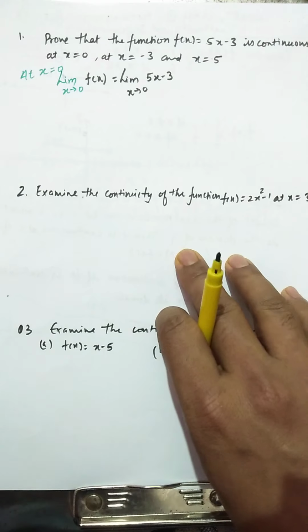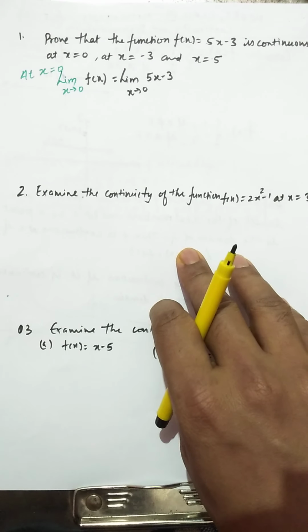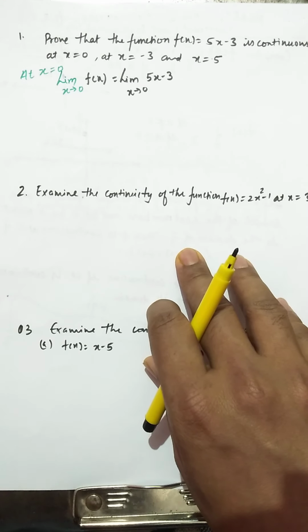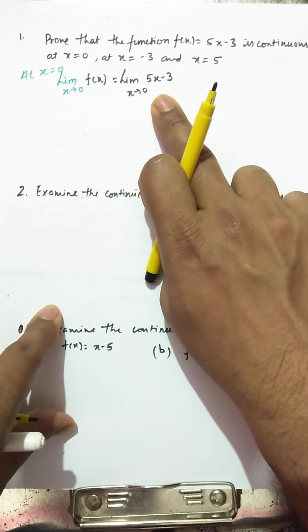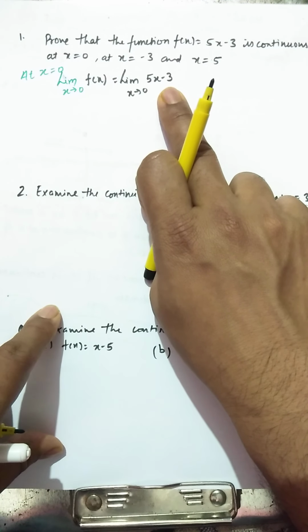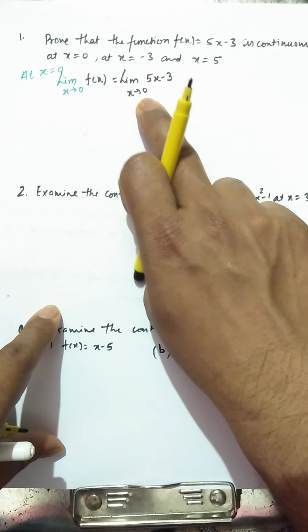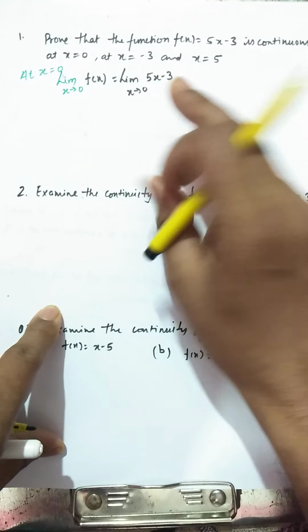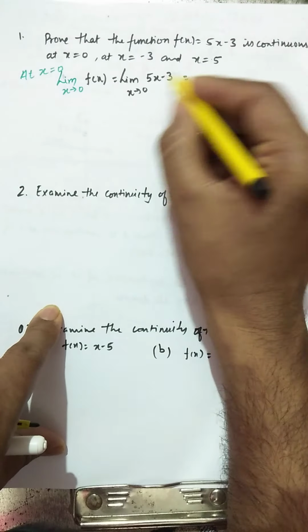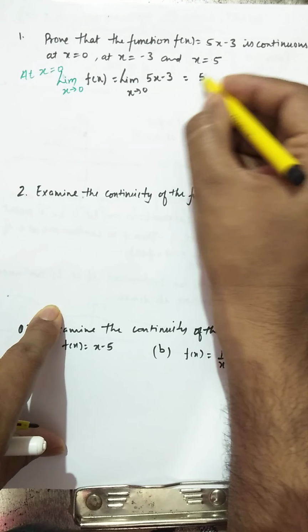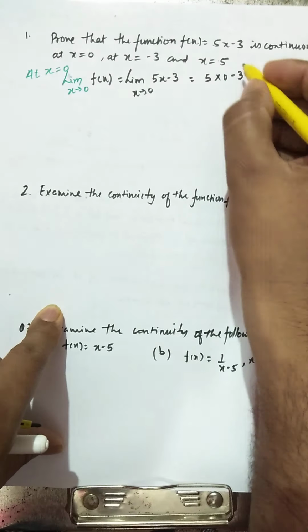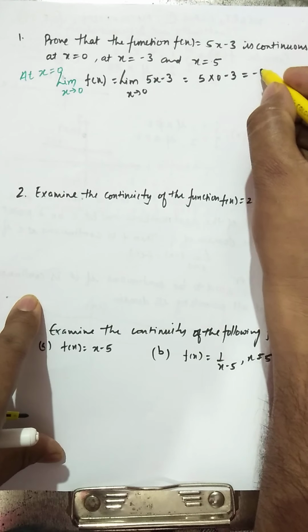You have done limits in class 11, so it is the same that we are following now. There is no denominator for which the function could be undefined at 0, so you can put in the value x = 0 directly. So this will be 5 into 0 minus 3, and the answer will be −3.